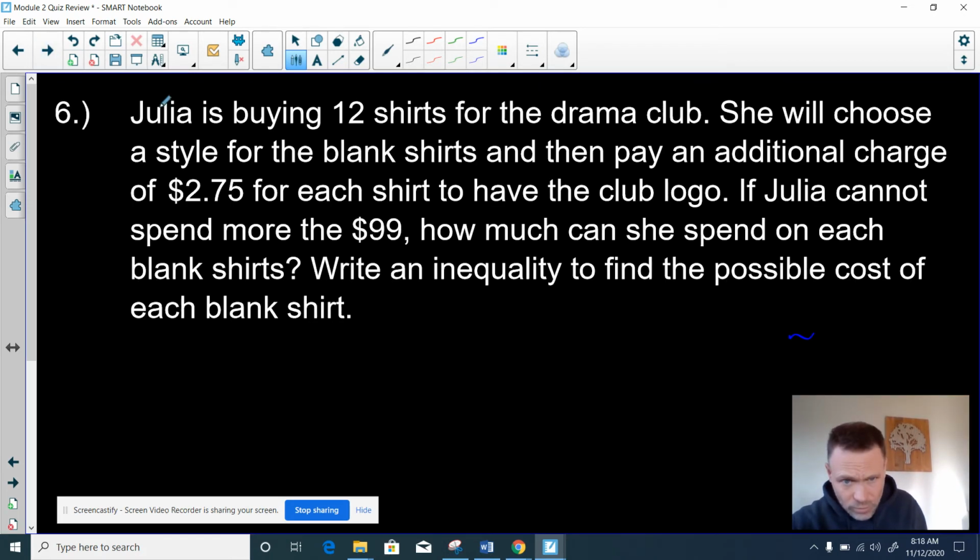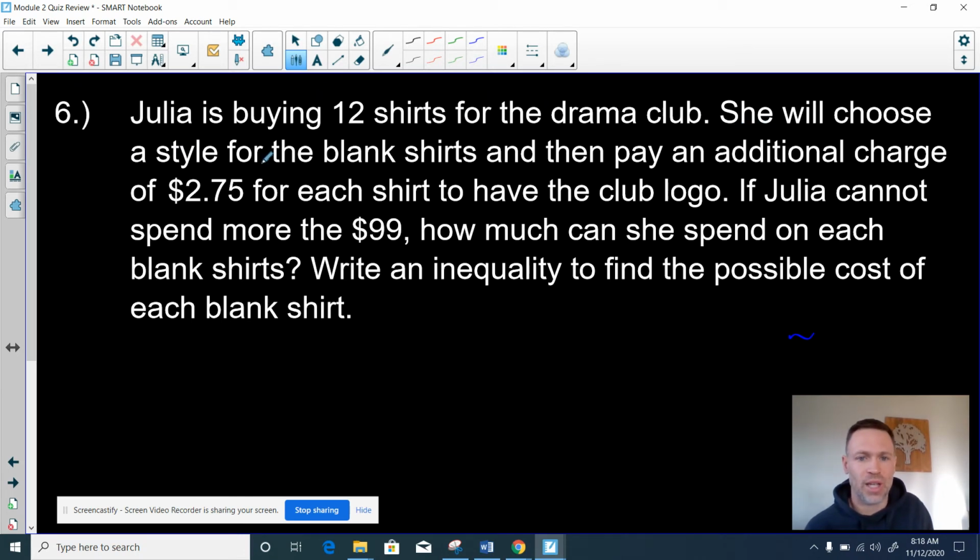Okay. So we also wrote inequalities, right? Lesson 2.5 or 2.4 was about inequalities. So this is an example where we are going to take a word problem and write an inequality. Let's read it. Julie is buying 12 shirts for the drama club.